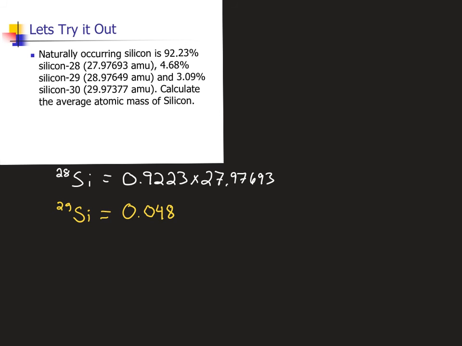So this is one of the reasons why I have my students always show their work, so that if you do make a math mistake, such as that, it's not overly detrimental to your grade on the test, so that you can still have, well, why did you get that question wrong? Because you did that part. And then silicon-30 is, again, don't make that mistake.